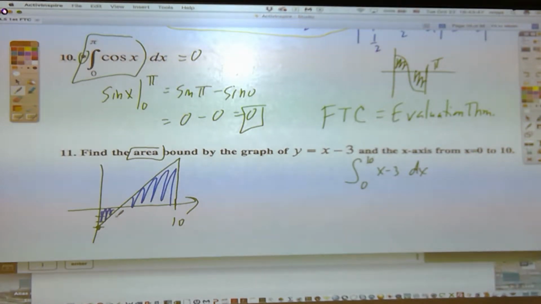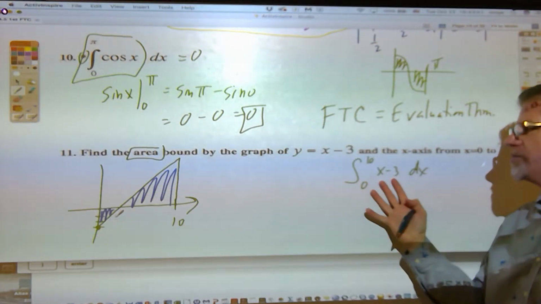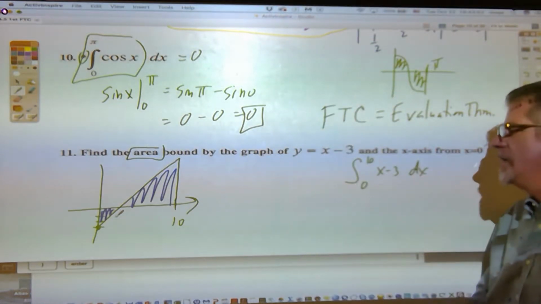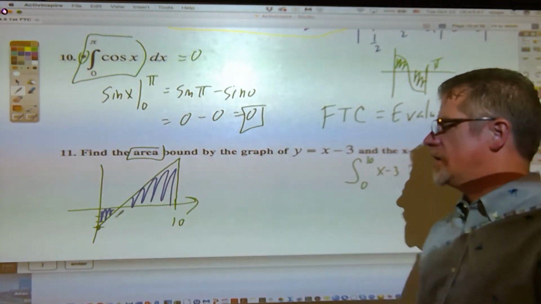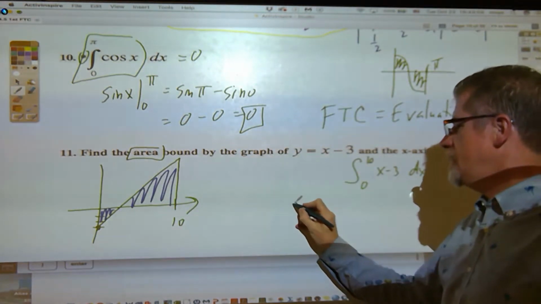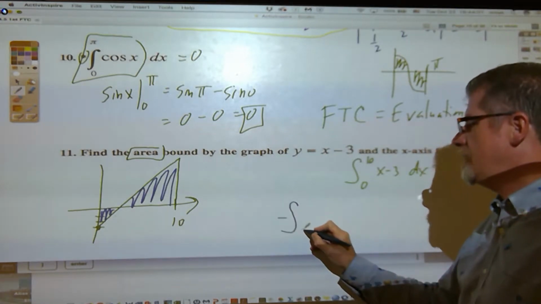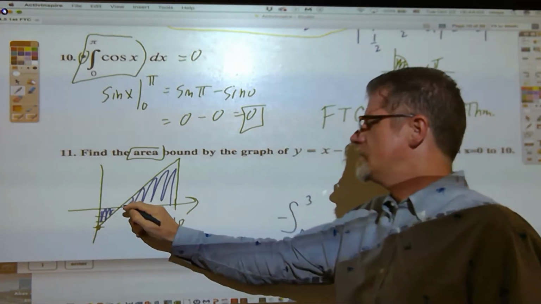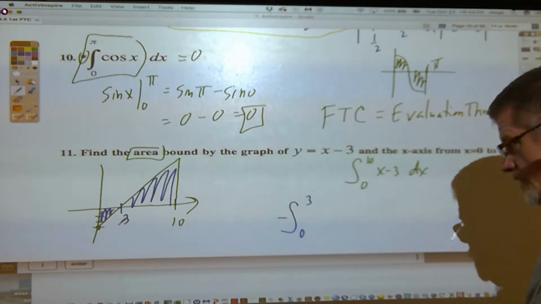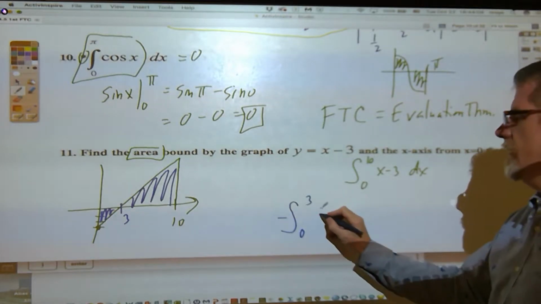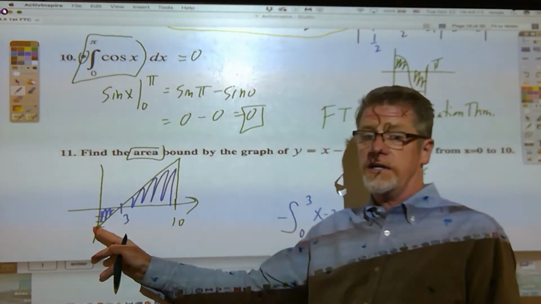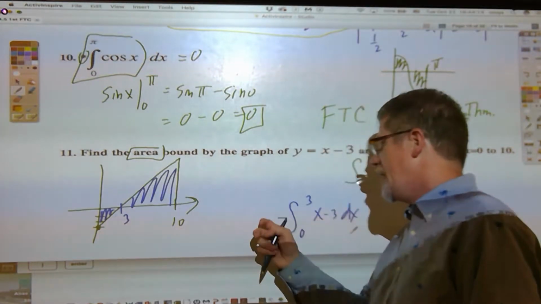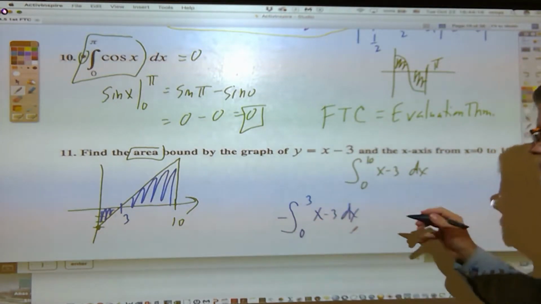You could fix the mismatch between this representation and this problem by either taking the absolute value of x minus 3, or just saying, look, I'm going to take the opposite of the integral from 0 to 3, the x-intercept is 3, of x minus 3 dx, because I can see that calculus will give me a negative area here, and I want the opposite of that negative area.